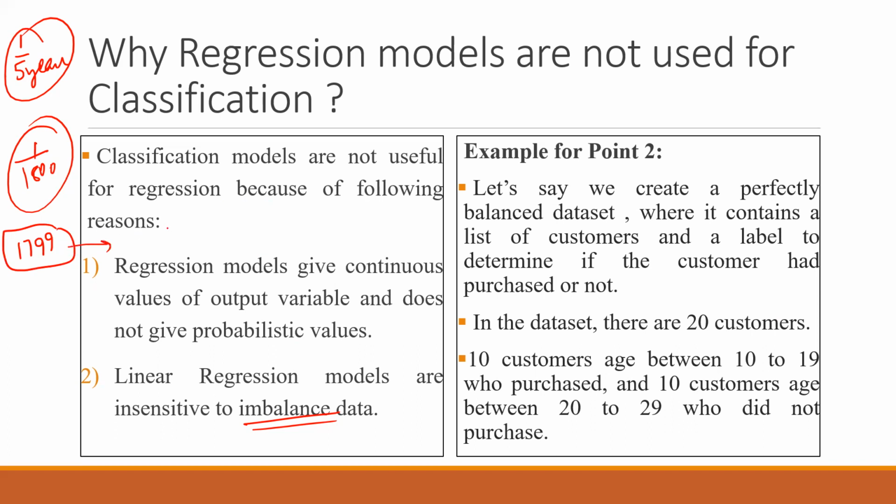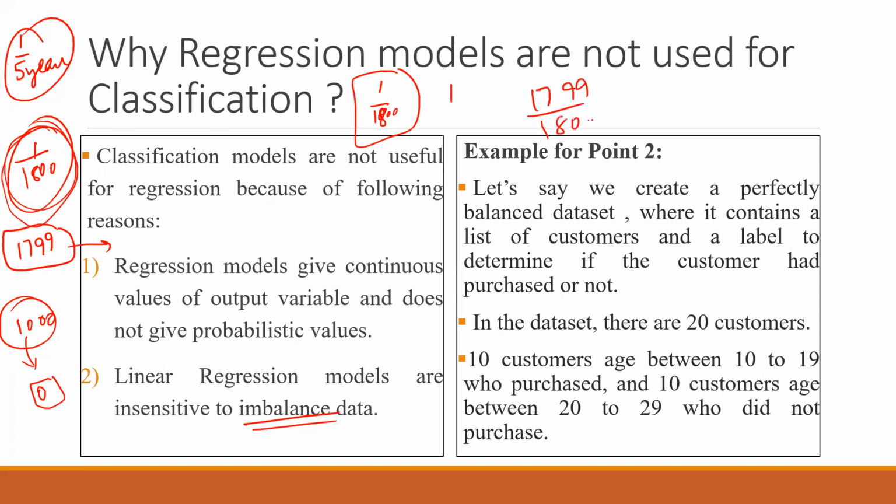Even if your model says today is no earthquake day, and you calculate the accuracy for maybe 1000 days, saying 0 in all the 1000 cases, because you had trained on 1800 cases, out of which only one had the earthquake as a yes, and 1799 out of 1800 were no.